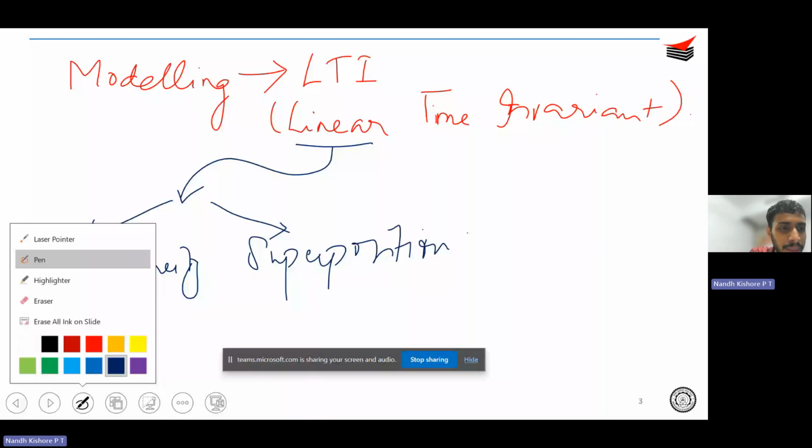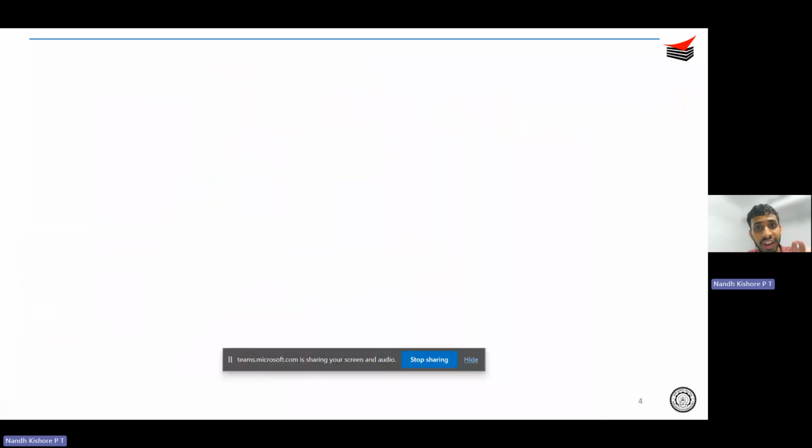So, I guess you might be aware of these, but still, I feel it's important that we revise these things so that you understand how we make or how we approximate the power electronic converter into an LTI system so that you are able to do what is known as state space modeling, right? Okay.